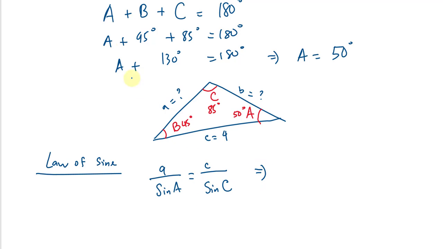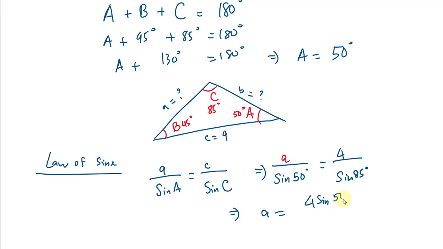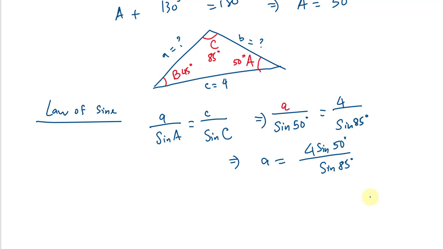Now it's simple. We set up the proportion, and a is what we are looking for. I know sine of A, which is sine of 50, equals c, which is 4, over sine of 85. And therefore you can solve for a, using cross multiplication. So 4 times sine of 50 divided by sine of 85. So that's the value of a.